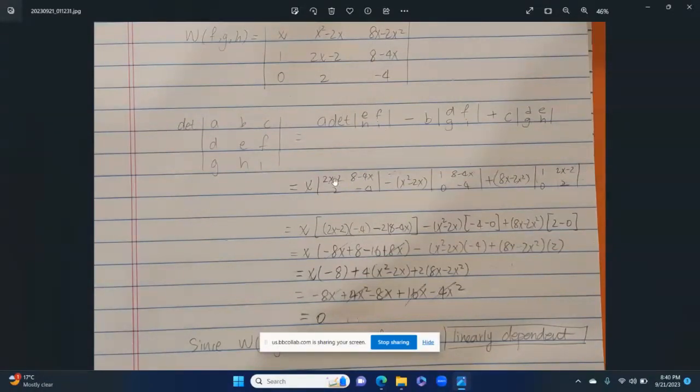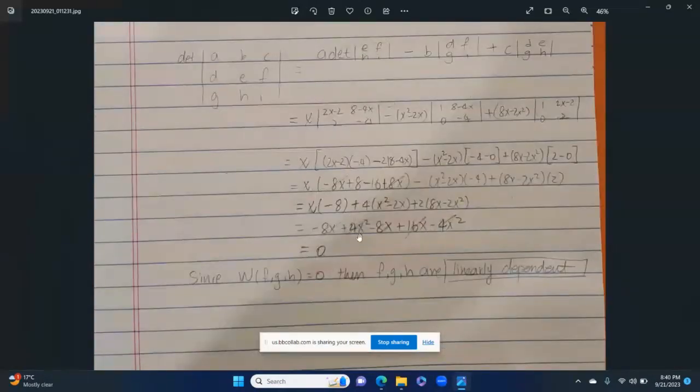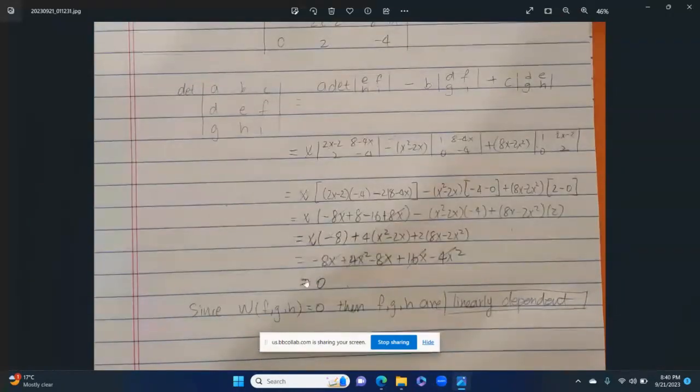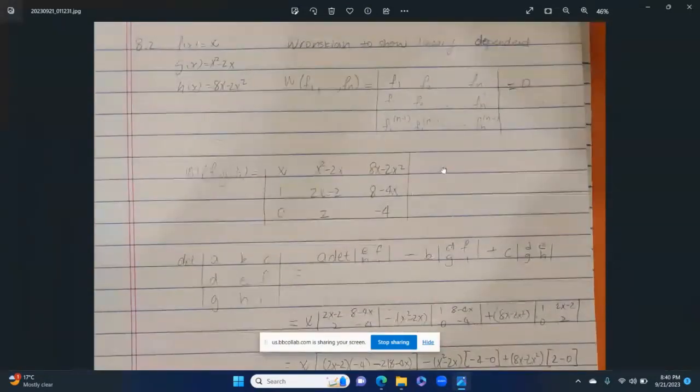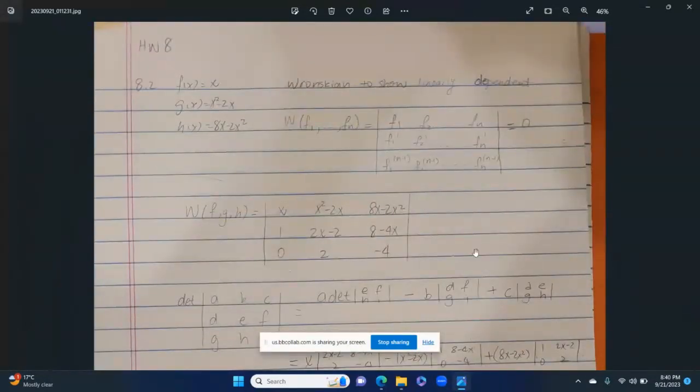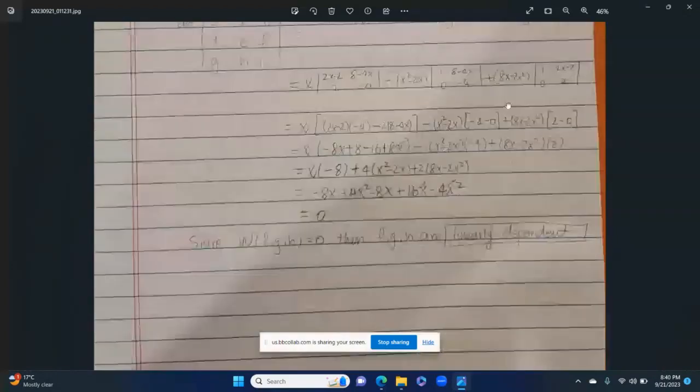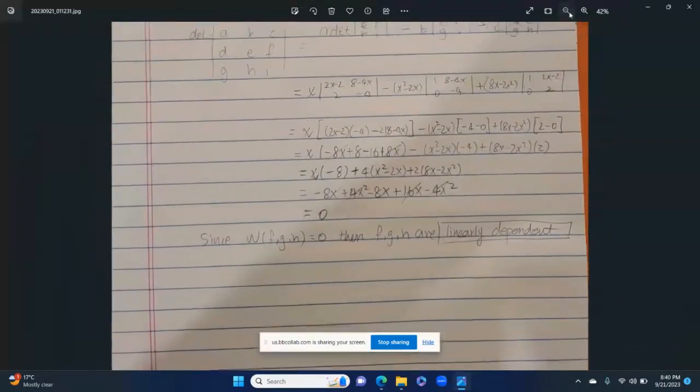So I did the same thing for this whole formula, and then essentially you just have to FOIL it out, and then you find that the Wronskian is indeed equal to 0, which means that it is linearly dependent, because as we recall, for it to be linearly dependent, the Wronskian has to equal 0. And that's it.